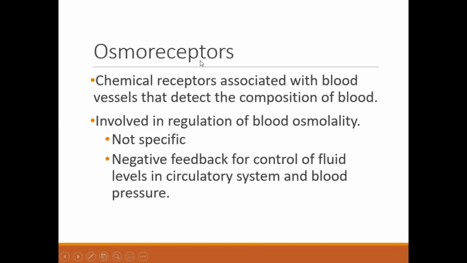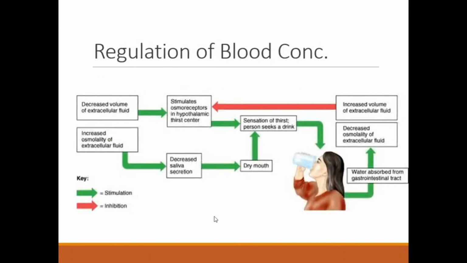Chemoreceptors, measuring blood osmolarity, start to detect an increase in concentration. You lose fluid, but what you're left behind with is still all the proteins, all the cells, all the electrolytes. Receptors detect this change in concentration.